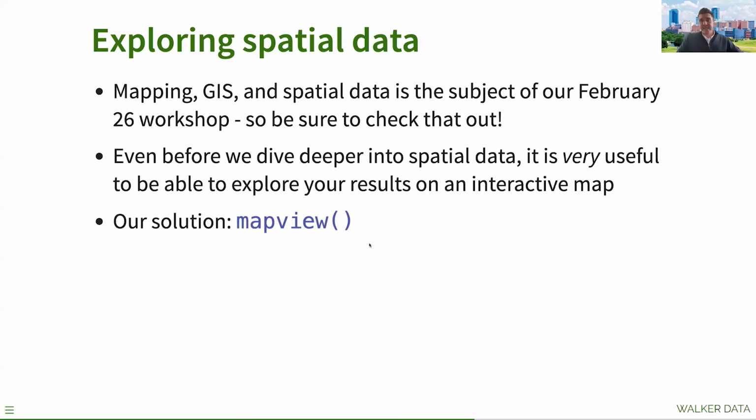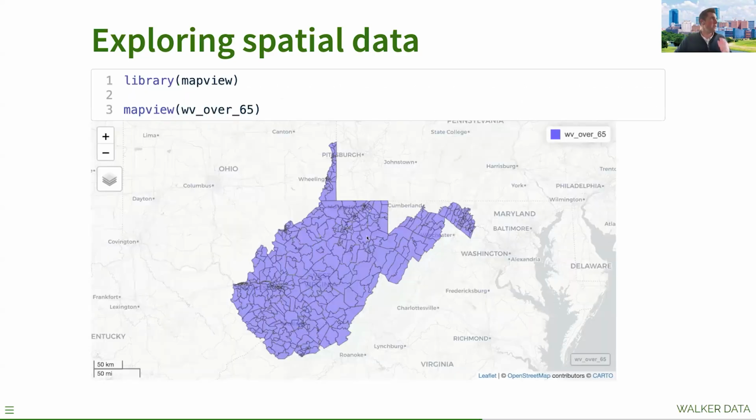The mapview package is a package that brings together all sorts of mapping infrastructure in R to allow you to make maps with a single line of code. It's pretty nice. And so the way that this works, and I'm just going to talk this through with you, is we load in mapview and we just say mapview, my spatial data set, and you get an interactive map of your data.